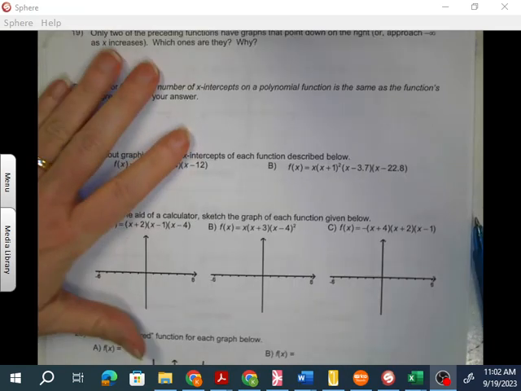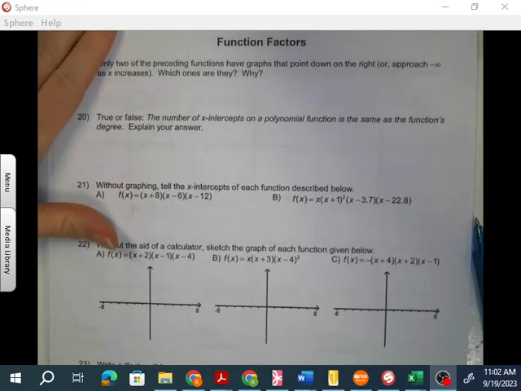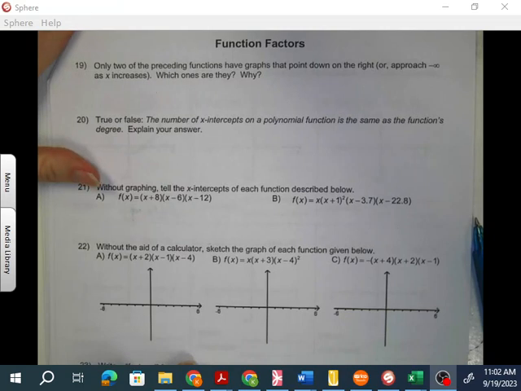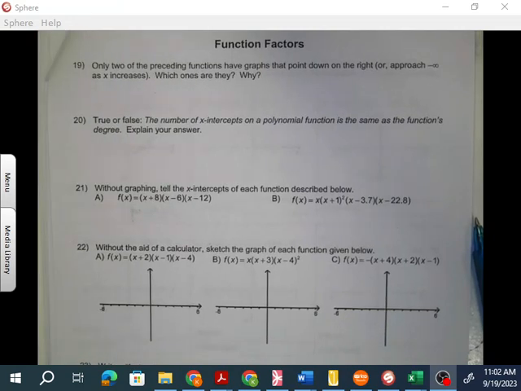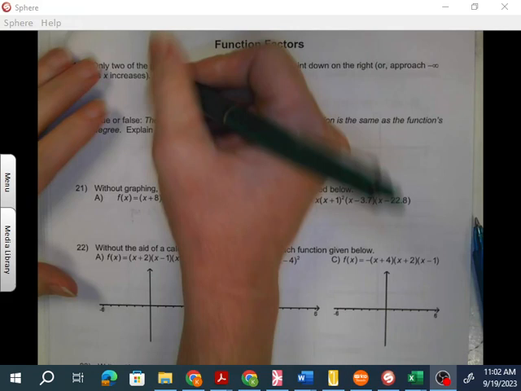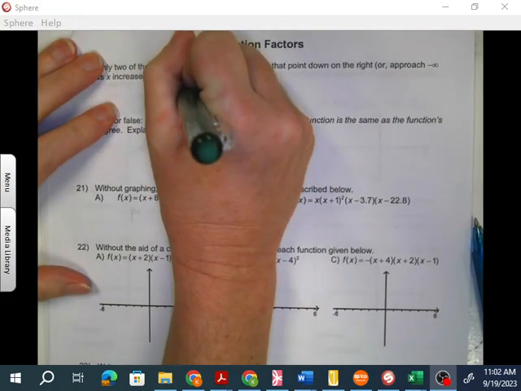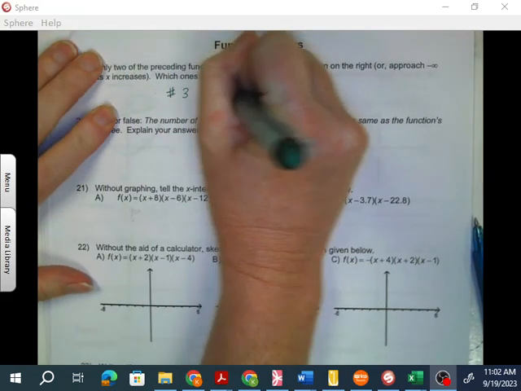Two of the preceding functions have graphs that point down on the right, or approach negative infinity as x increases. So as x goes to infinity, there's only two of them that approach negative infinity. Which two are they, and why? Number 3 and number 12.